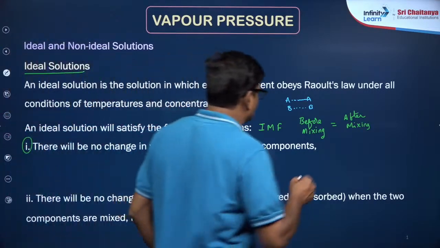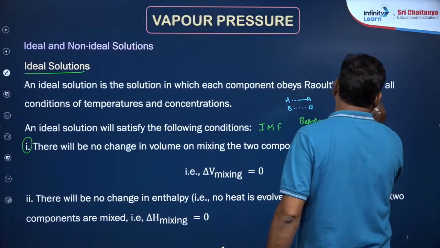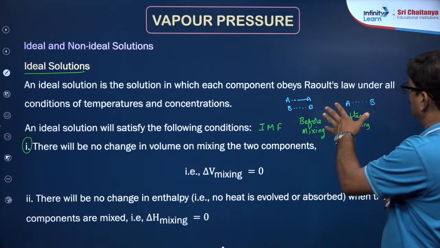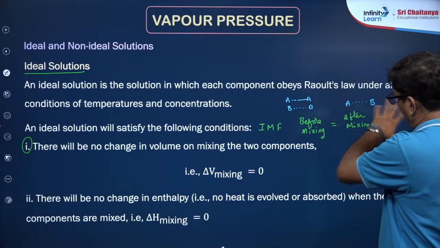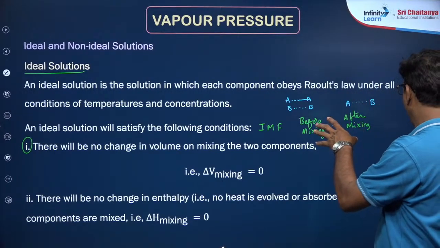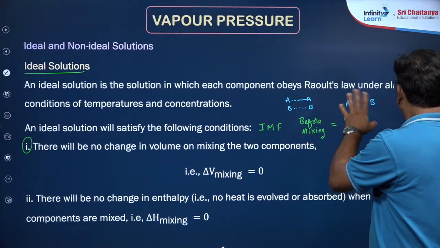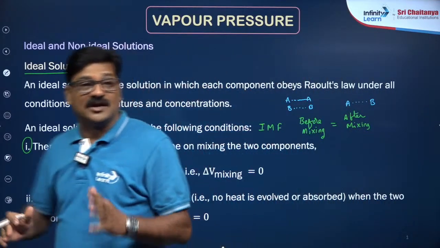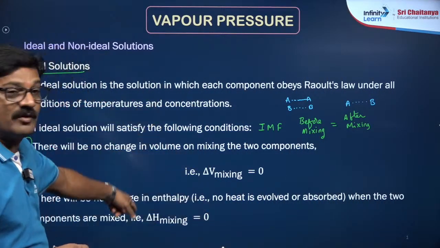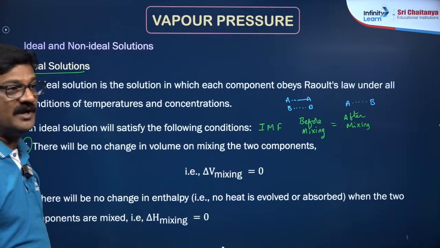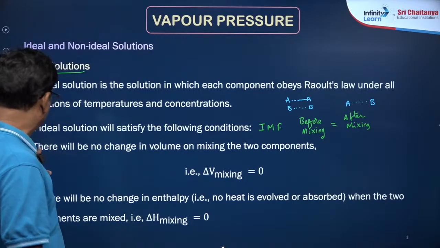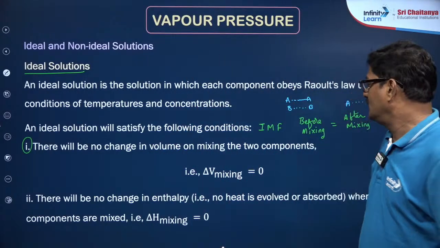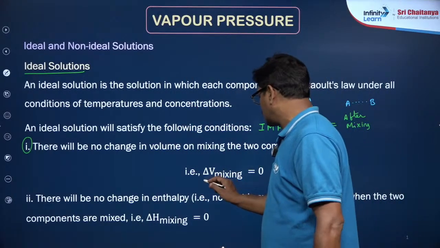When you mix now, the magnitude between A and A and between B and B should equal that between A and B. So this is the prime condition, and only then the other conditions are going to be satisfied. Clear? So there will be no change in the volume on mixing the two components. Therefore delta V mix is going to be 0.